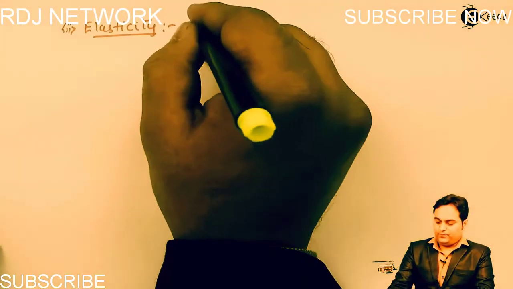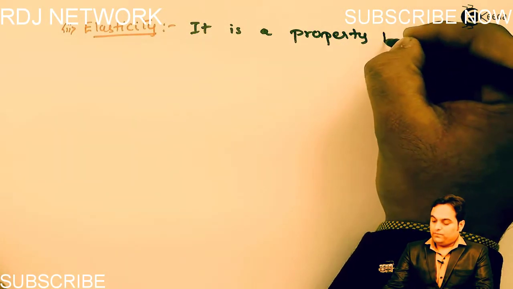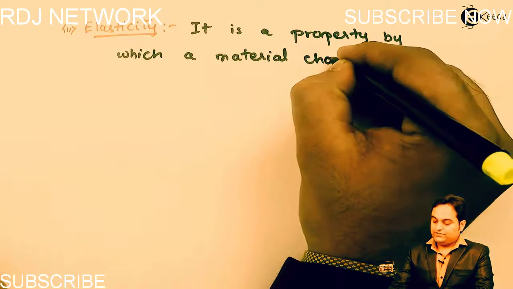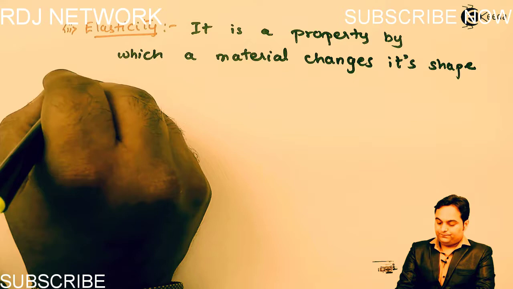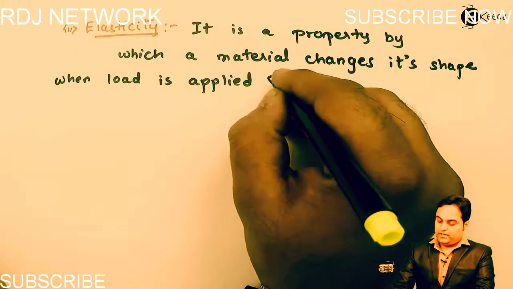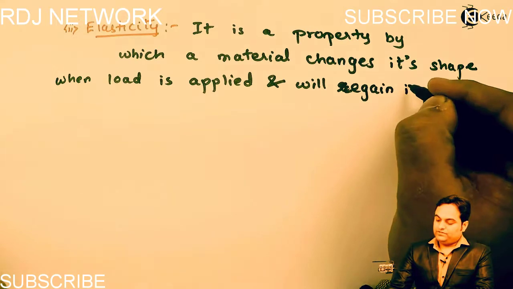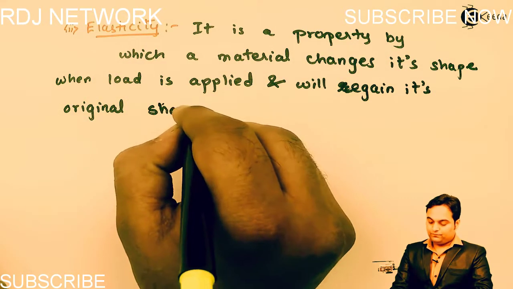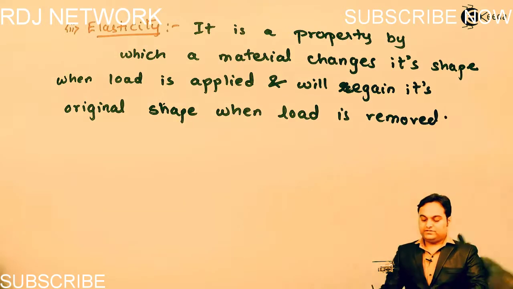Elasticity is a property by which a material changes its shape when load is applied and will regain its original shape when load is removed. So this is the definition of elasticity.